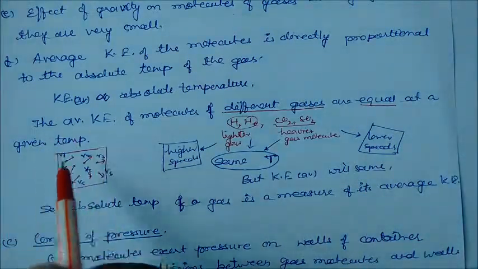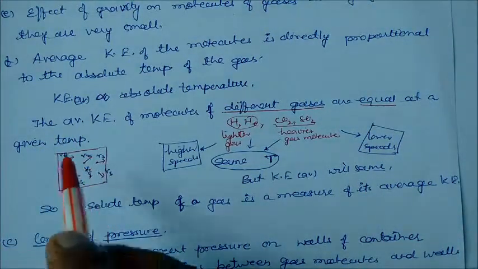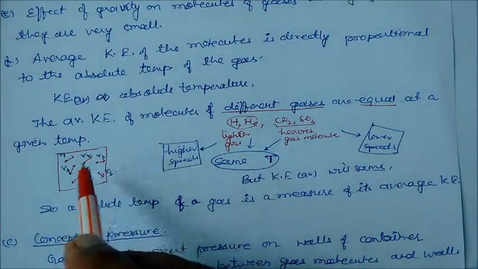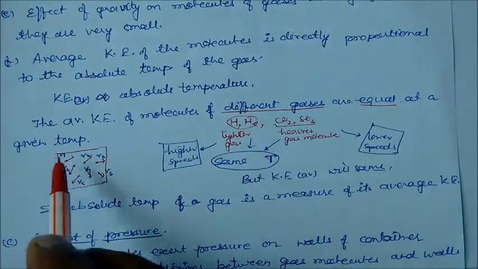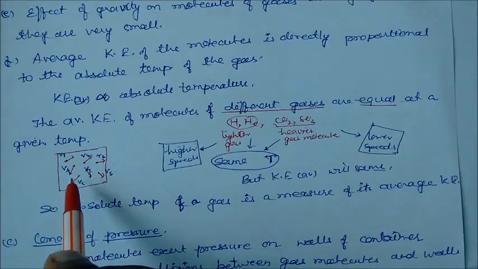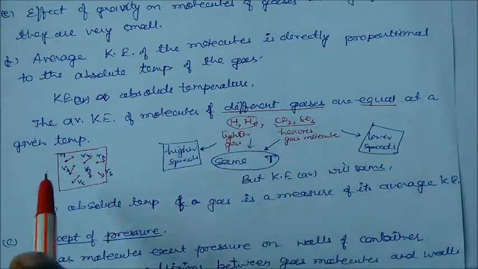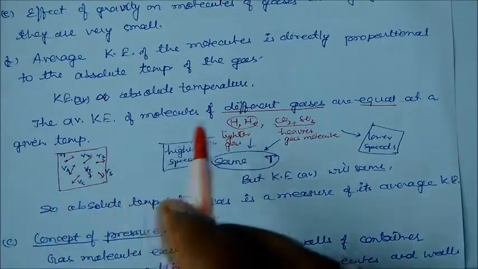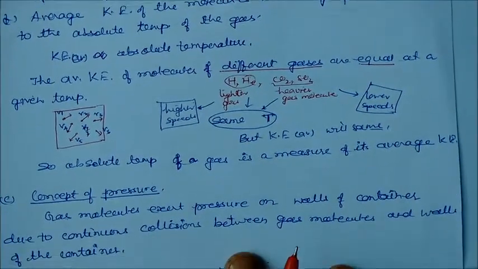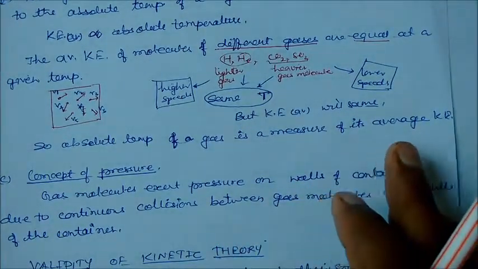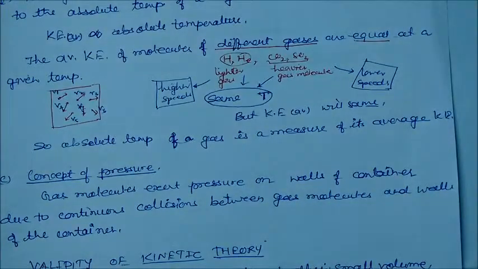Suppose here only helium is contained; the velocities of the helium molecules will be different, like V1, V2, V3, for single molecules. But if you include hydrogen also, then the speed of helium will be different and hydrogen will be different. So it depends on the mass. The absolute temperature of the gas is actually the measure of its average kinetic energy.